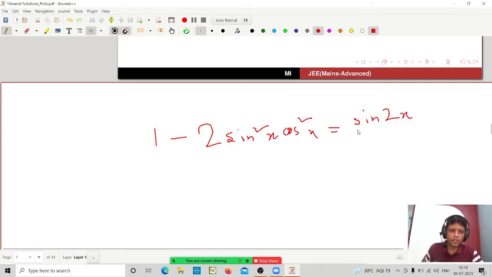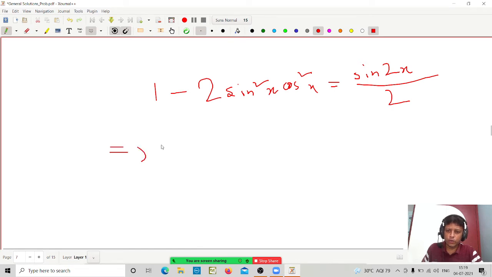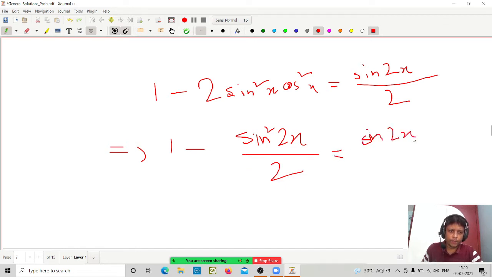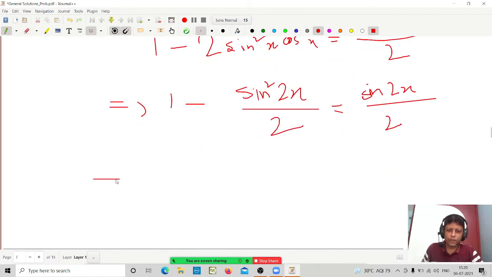Using multiple angles, multiplying and halving by 2, this is 1 minus sine square 2x by 2 equal to sin 2x by 2. If you simplify, this is a quadratic in sin 2x: sine squared 2x plus sine 2x minus 2 equals 0.